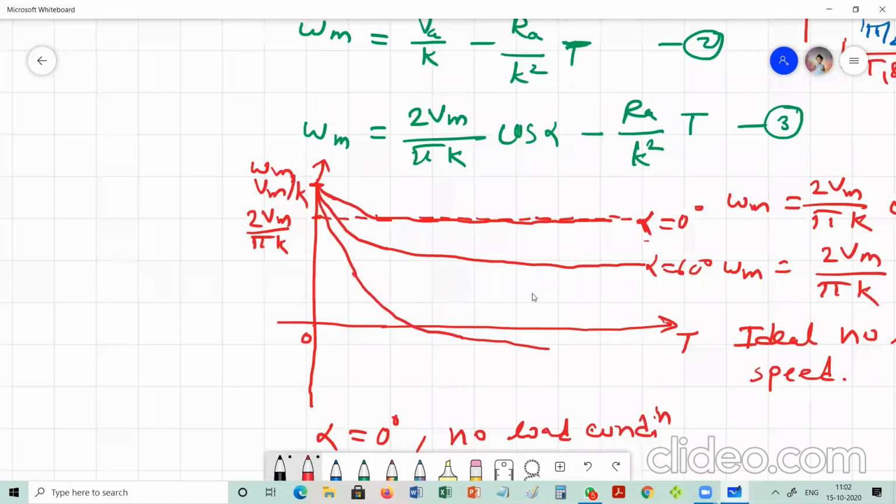This is the graph for alpha equal to 90 degree. Similar graphs we can get. This is the graph for alpha equal to 120 degree and so on. Means once you have selected alpha, for example alpha equal to 60 degree, you have to maintain that alpha constant throughout the operation, and just change the load on the motor.